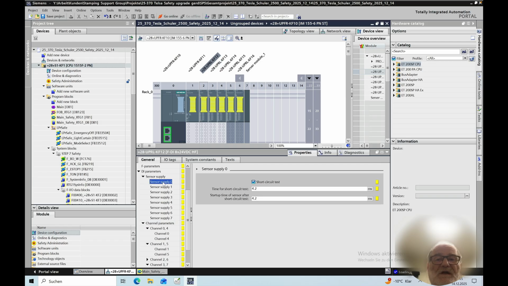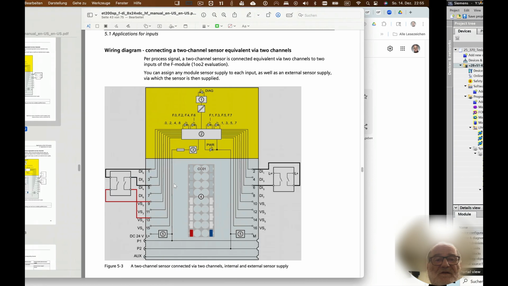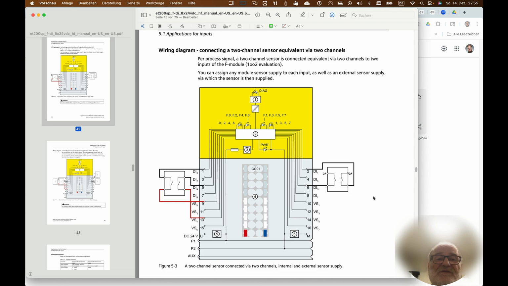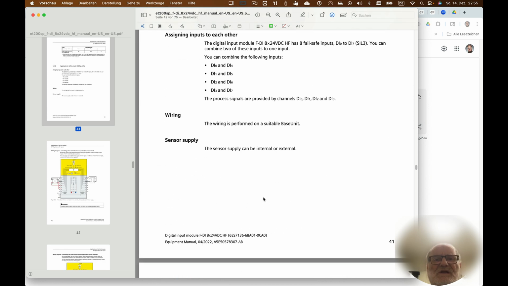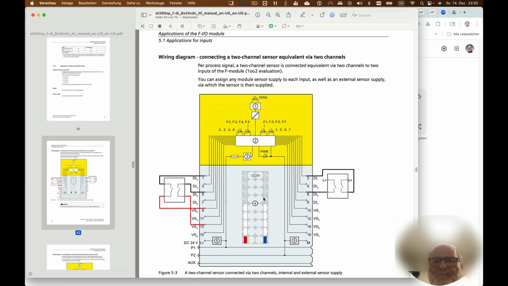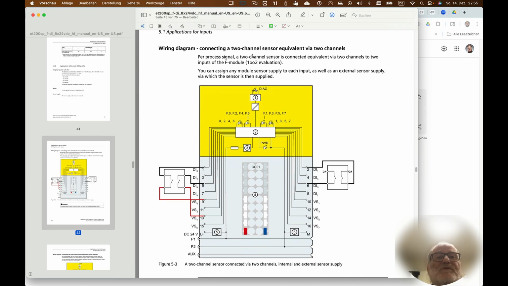Yeah, what is a short circuit test? A short circuit test is that the sensor supply itself has different timed pulses, which we cannot see here. I can probably just draw that up real quick. Like the sensor supply 1 is like this pulse. It might not be the same timing, maybe a long pulse, a short pulse, but that doesn't matter.